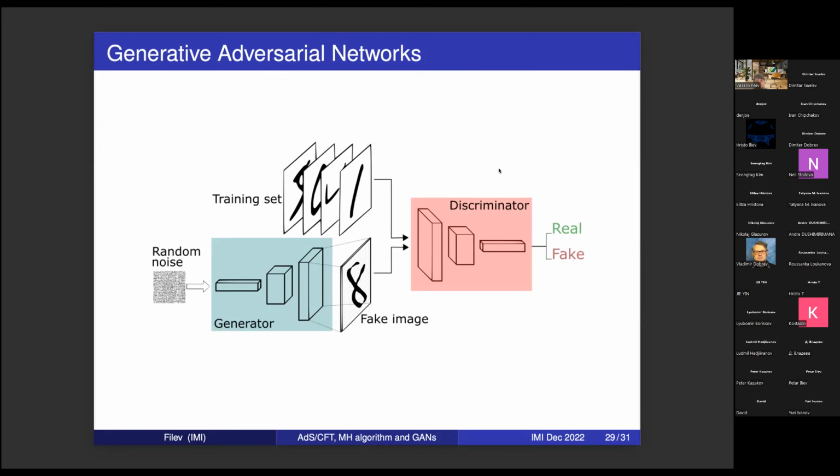The name adversarial comes because it has two components: a generator and a discriminator. At the beginning, you take your training set and you train the discriminator to be as good as possible at discriminating whether something belongs to a certain state or not. In this case, it could be a human face versus random noise or anything else.